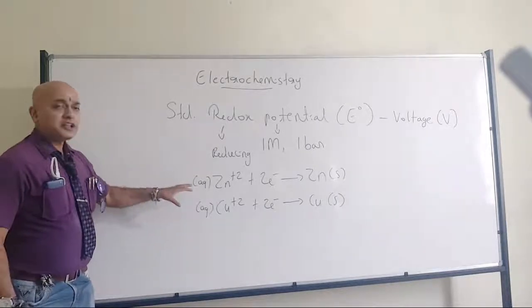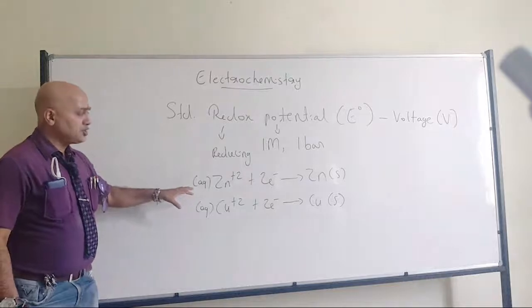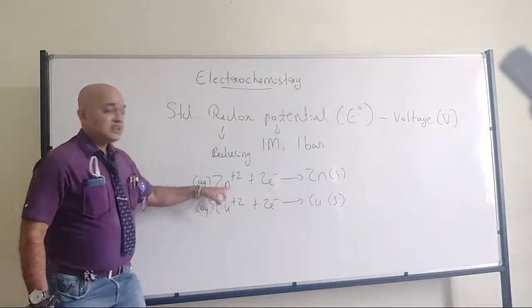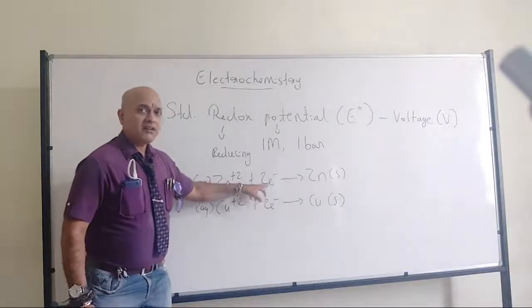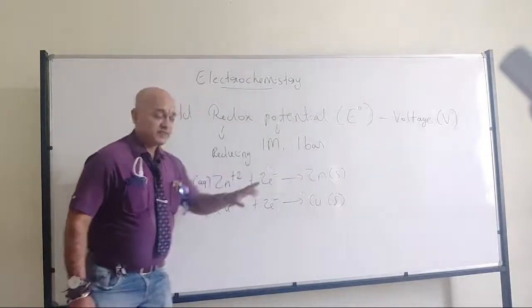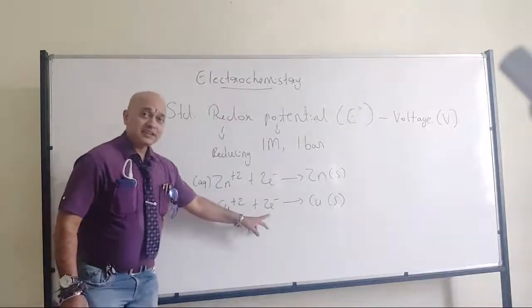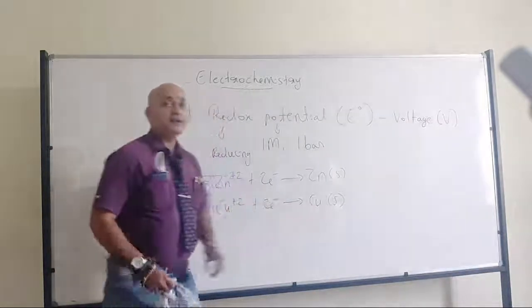Here, reducing potential means, in the first case we have a zinc ion accepting the 2 electrons and becoming zinc. In the second case we have the cupric ion accepting the 2 electrons and becoming copper.